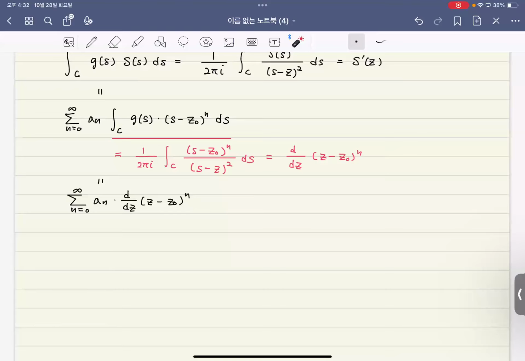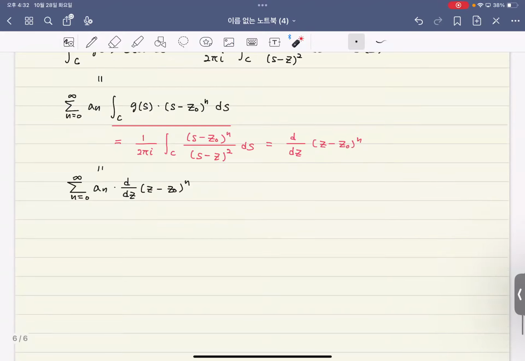So therefore, we are free to find the power series of the derivative of this function or the integration of this function by using term by term integration and term by term differentiation. Yeah, which is precisely the same exercise that was done in freshman calculus. So I won't spend more time to prove this. So, all right, okay.